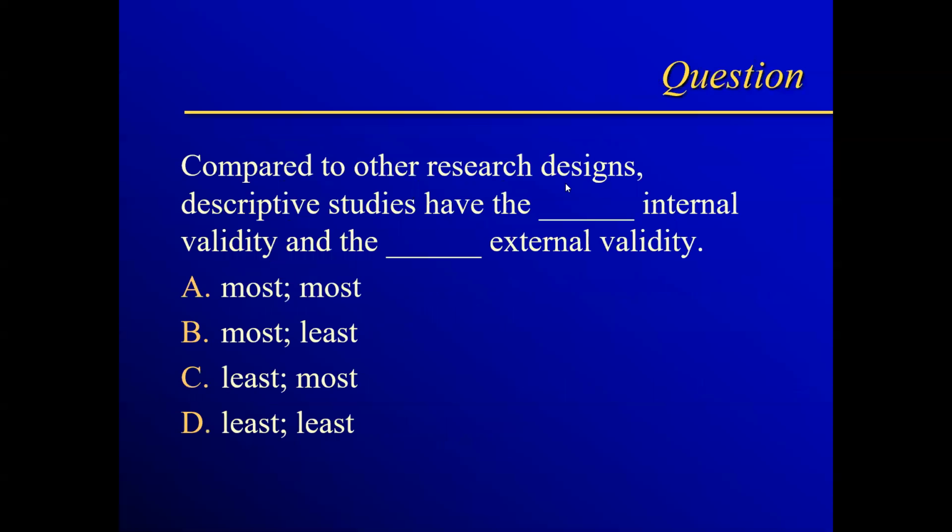So here's a question coming right out of the end of last class. Compared to other research designs, descriptive studies have blank internal validity and blank external validity. So what we're looking for is the most or least internal and external validity. In the chat feature, using the direct message, is it A, B, C, or D?